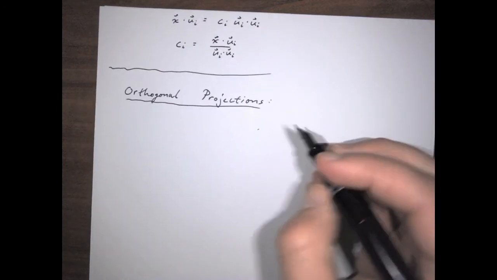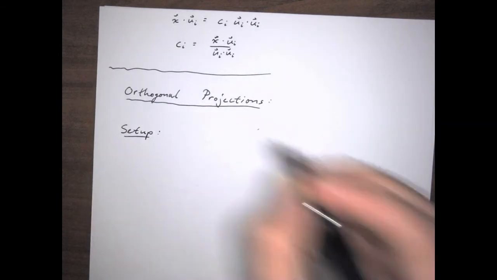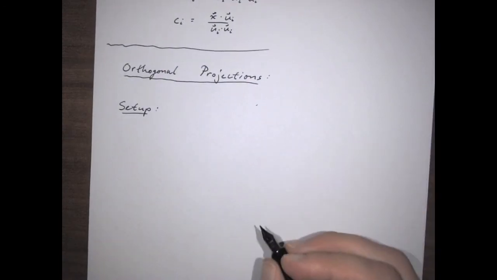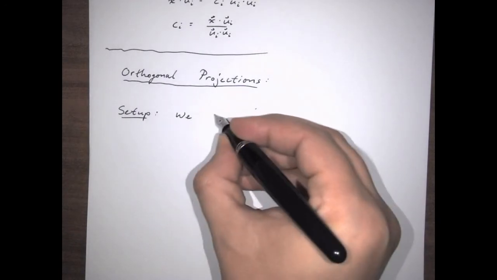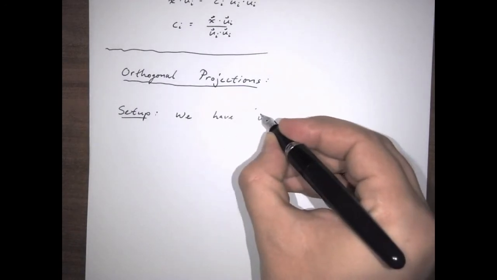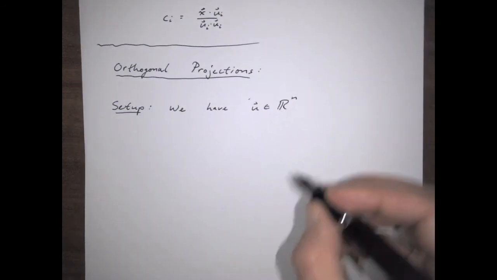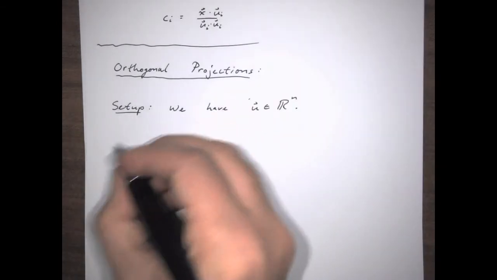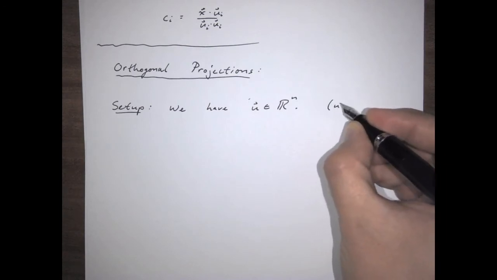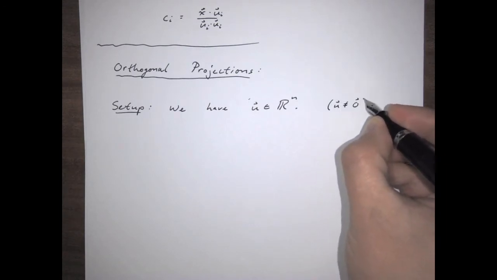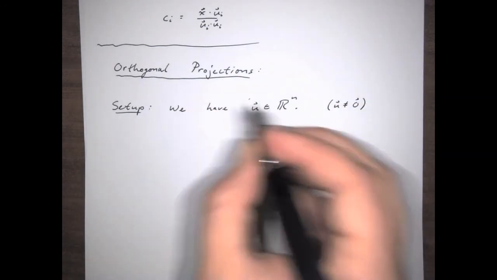So here's the setup. We have some vector u in Rn. If u is not equal to 0, which we'll just assume, that's not the 0 vector, then there is a line that u generates.